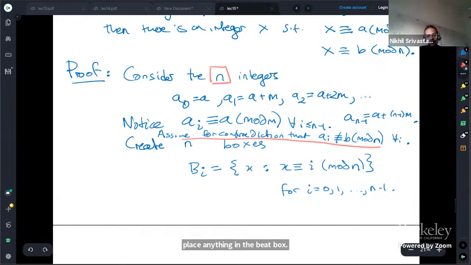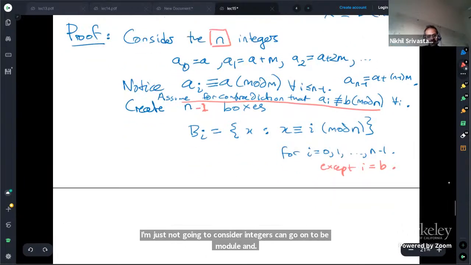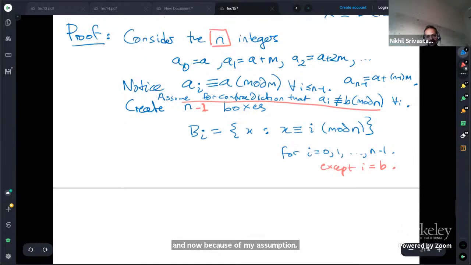So really, I'm going to create n minus 1 boxes for i going all the way up to n minus 1, except i equals b. I'm just not going to consider integers congruent to b modulo n. And now, because of my assumption, I can place these n integers into the n minus 1 boxes, right?